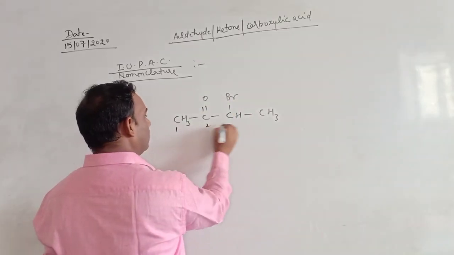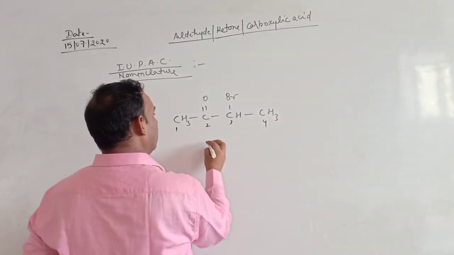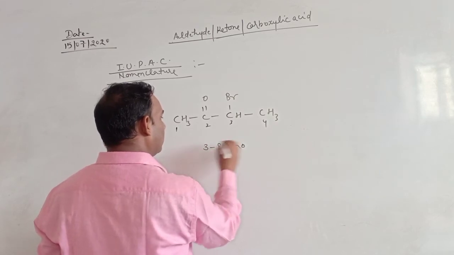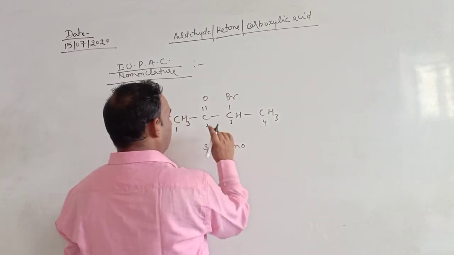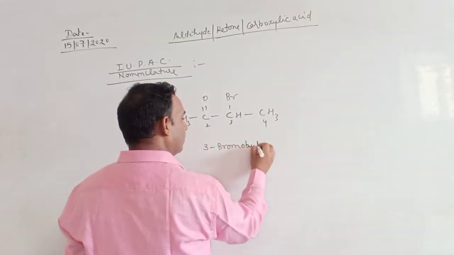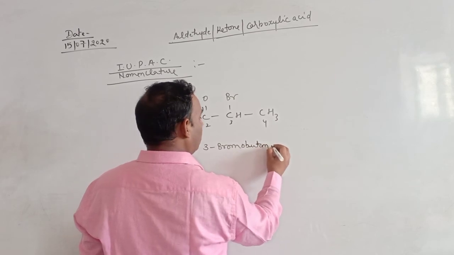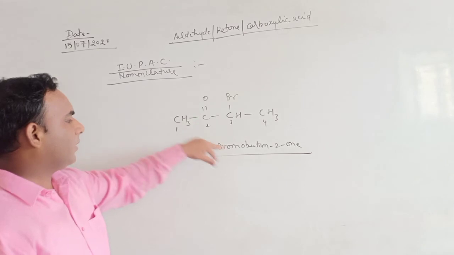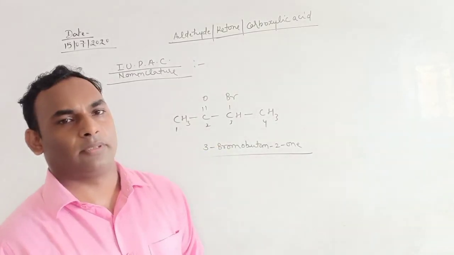Then 1, 2, 3, 4. 3-bromo, 4 carbon atoms and one, butane, 2-one. This is the IUPAC name of this compound.